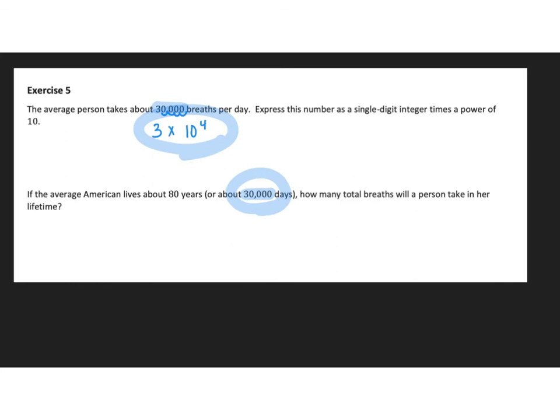But instead of just multiplying these really big numbers straight up on our calculator, we're going to multiply them in scientific notation. So now I'm going to rewrite this second number in scientific notation. This is 3 times 10 to the 1, 2, 3, 4. Okay. So essentially we're going to be doing 3 times 10 to the 4 times 3 times 10 to the 4.